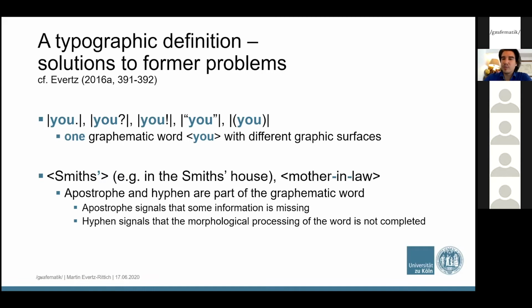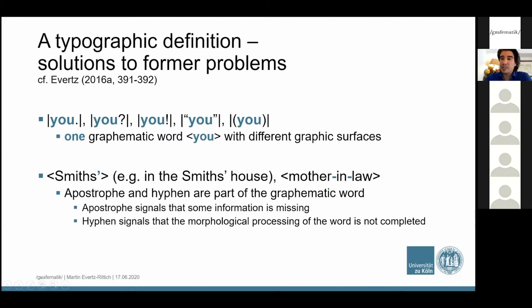In the case of "Smith's" with apostrophe or "mother-in-law" with hyphens, we have only fillers. This means the apostrophe and the letters and the hyphens and the letters are part of the graphematic word proper. And this is quite important because the hyphens and the apostrophe have very important functions within the word.